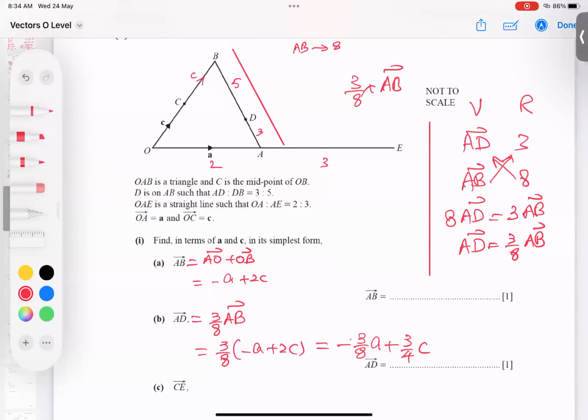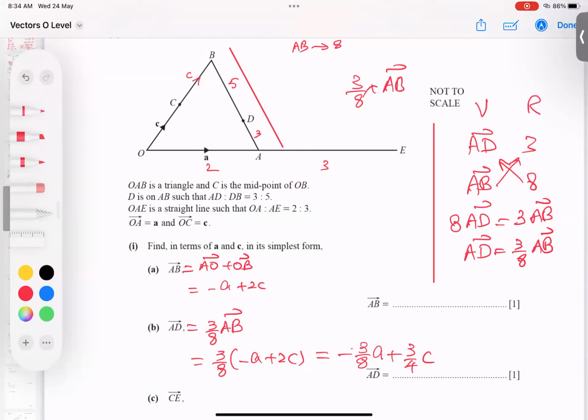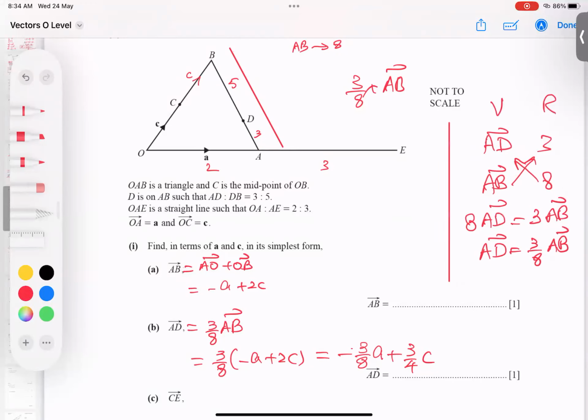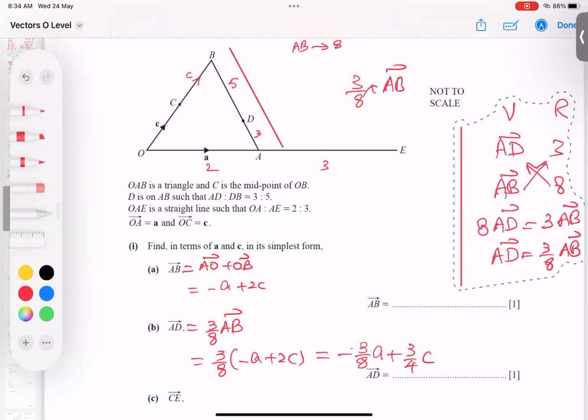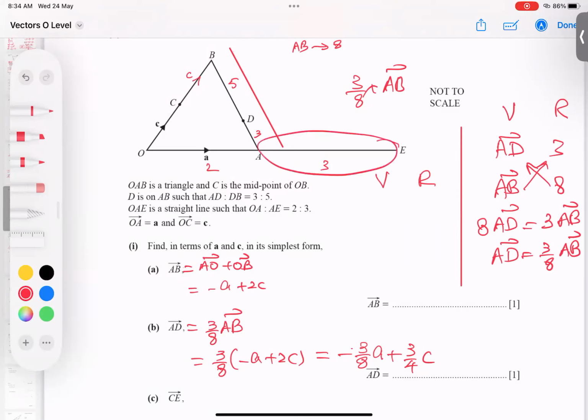Now I think we can do it easily this time. But before I start, I drag slightly to the left side. Now I'm doing the same job here: V for vector, R for ratio. And what I'm looking for, because AE is missing, I say that AE equals 3 ratio.